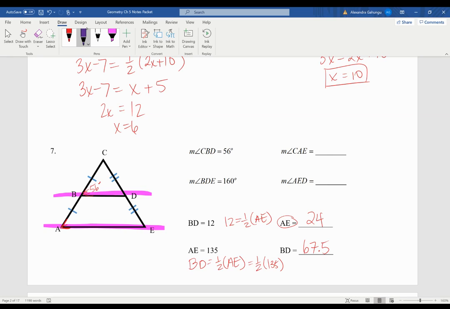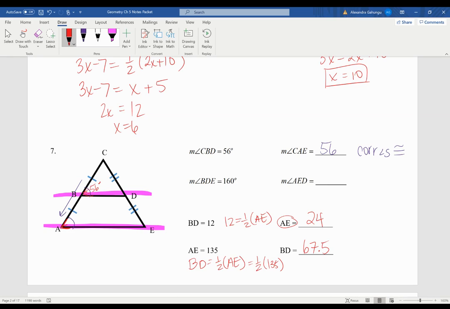And in this case, 56, this angle, CBD, is actually congruent to CAE because we have corresponding angles and they are congruent. It's the ones where it was the position. Like if I were just to slide that angle down, it looks like the same top right of our special angle pairs. So this is going to be 56.